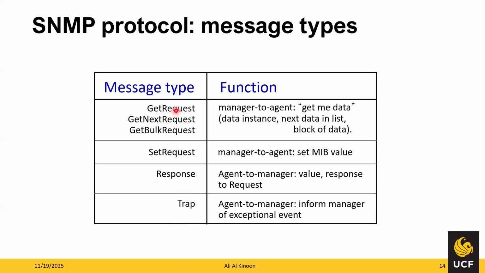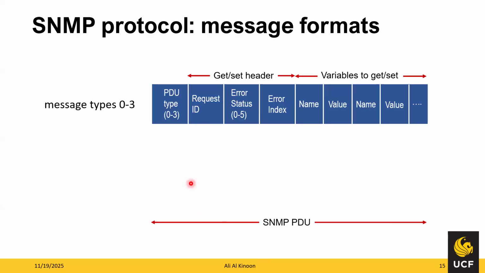Trap is not included. These messages begin with a PDU type, followed by a request ID, the error status, and the error index, and then a list of variable bindings, like name and value. This is the structure used for normal request operations between the manager and the agent.